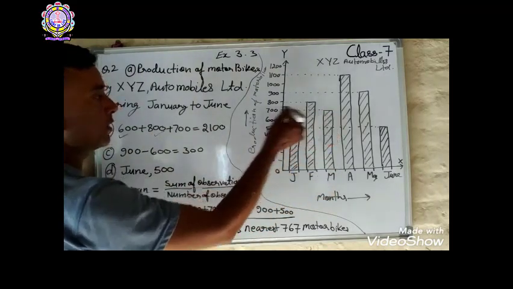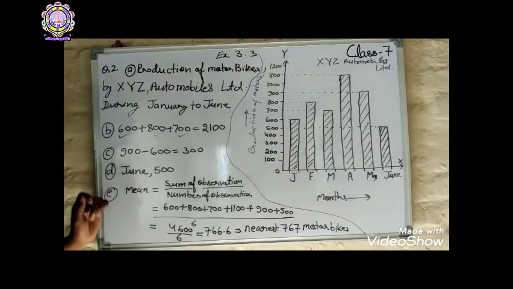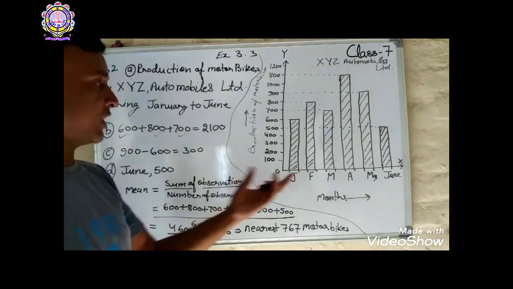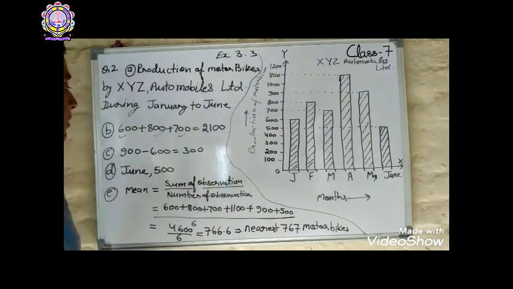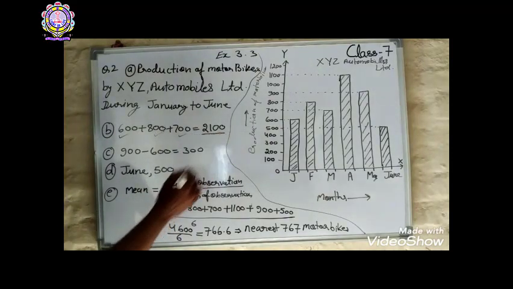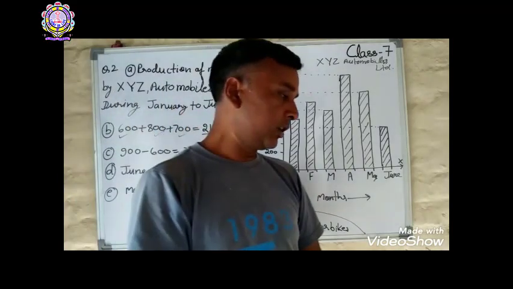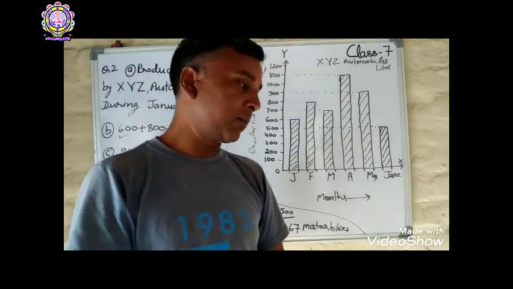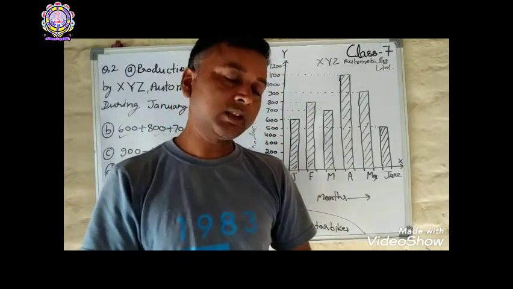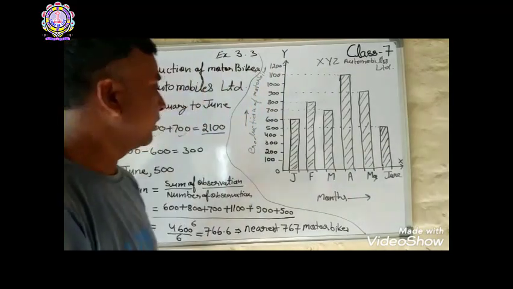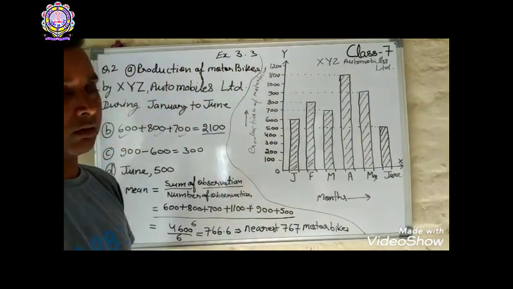In March, 700 motorbikes. What is the sum for the first 3 months? Now you add them, so you get 2,100 motorbikes. So the answer is 2,100 motorbikes were produced in the first 3 months, January to March.